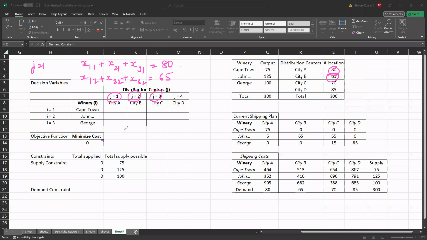Then if you take j equal to 3, x13 plus x23 plus x33 would be equivalent to 70. Then if you take j equal to 4, x14 plus x24 plus x34 will be equivalent to 85. That's it. These are called demand constraints.